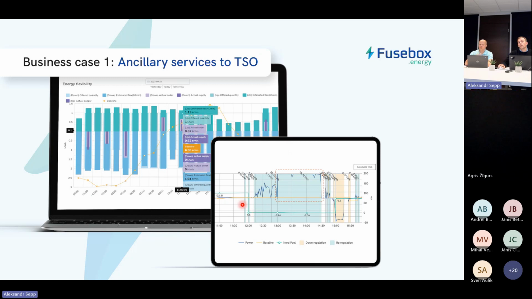Also, we can have a look into every asset that was activated and see how many kilowatt hours or megawatt hours they were able to give either on up regulation or down regulation. All calculations are done according to the baseline that is accepted in a particular region's TSO system. Yes, and that was the first business case.